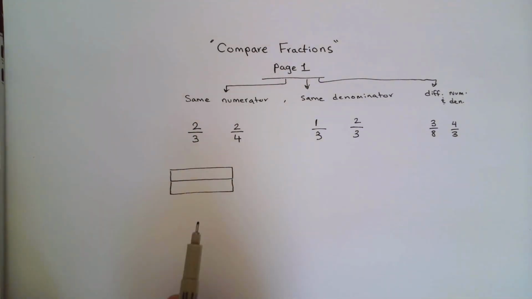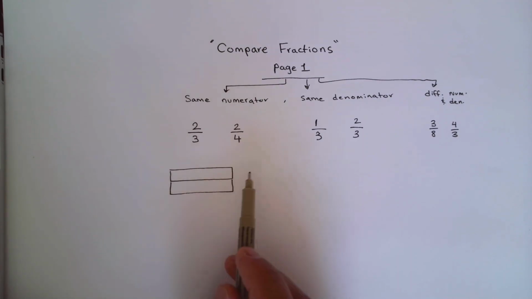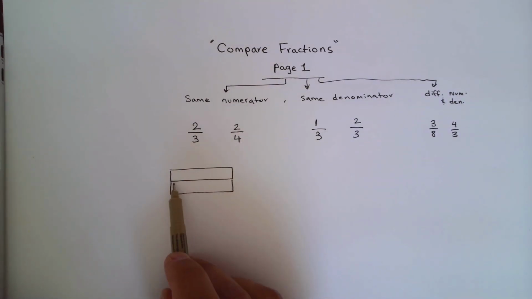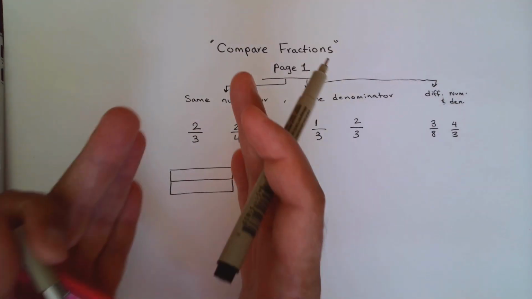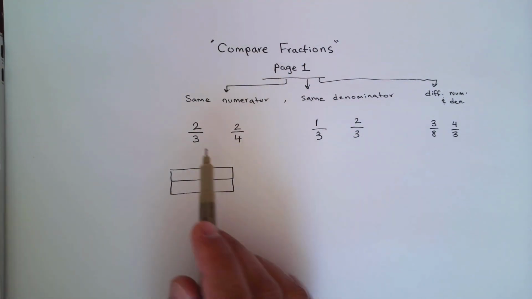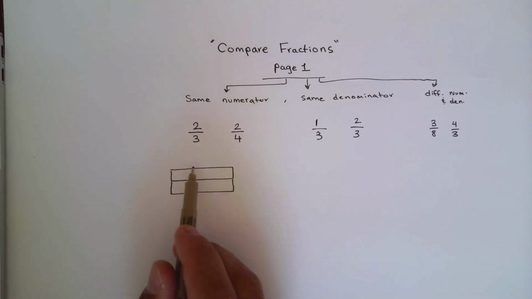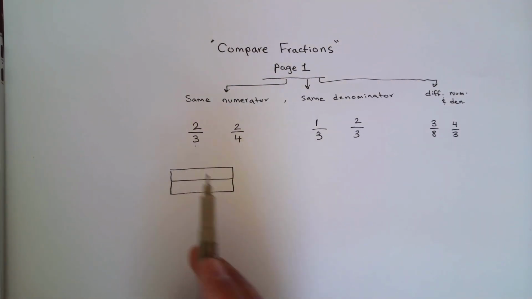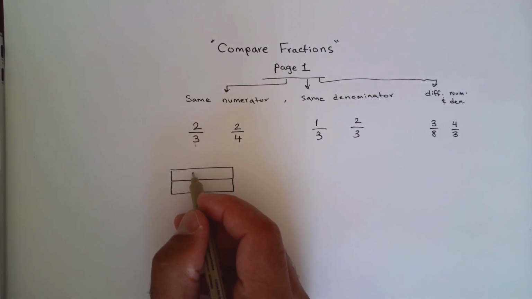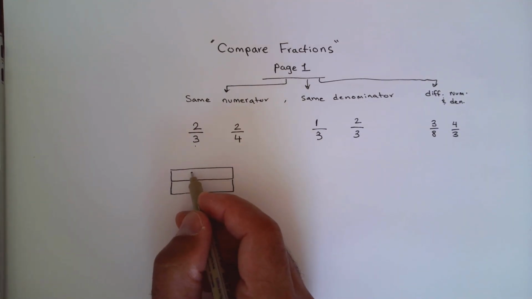And it's very important too that we keep those two rectangles the same because we are referring to the same whole, the same quantity. However, they are partitioned differently. So if we look at the first one, 2/3, we have to always start with the denominator. Okay, 3 is an odd number.